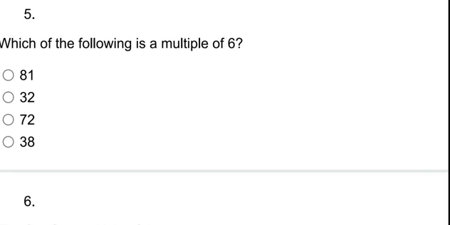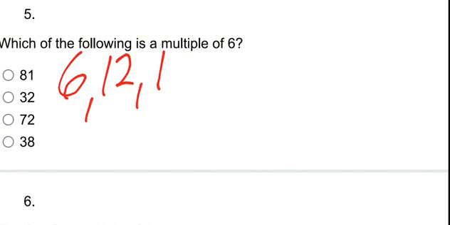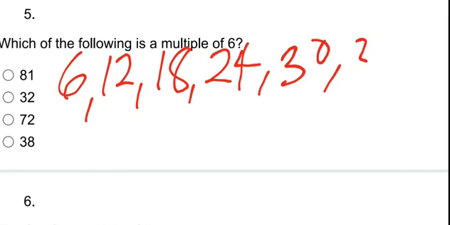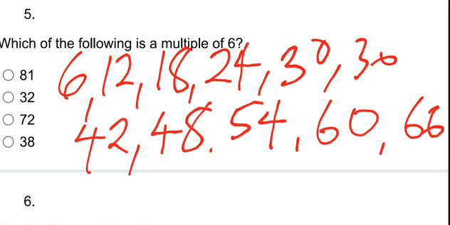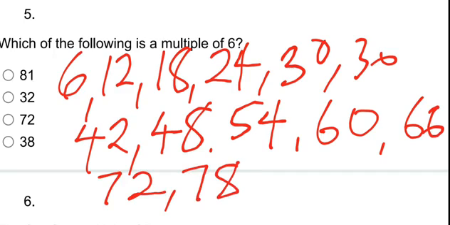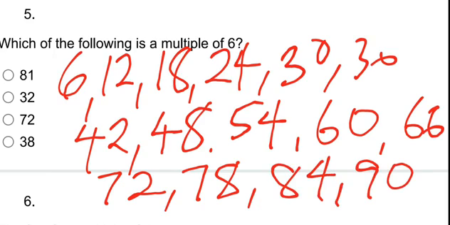Number 5. Which of the following is a multiple of 6? When you write down the multiples of 6, they are 6, 12, 18, 24, 30, 36, 42, 48, 54, 60, 66, 72, 78, 84, 90, and it continues like that.